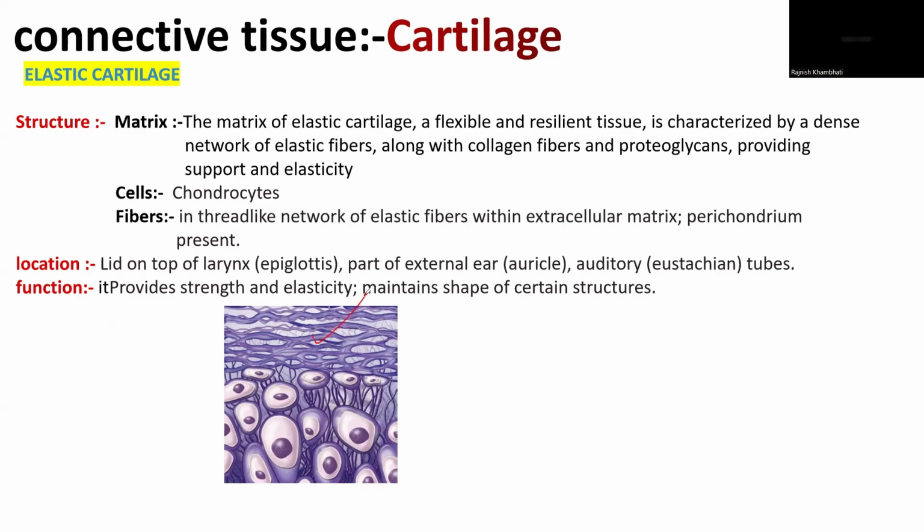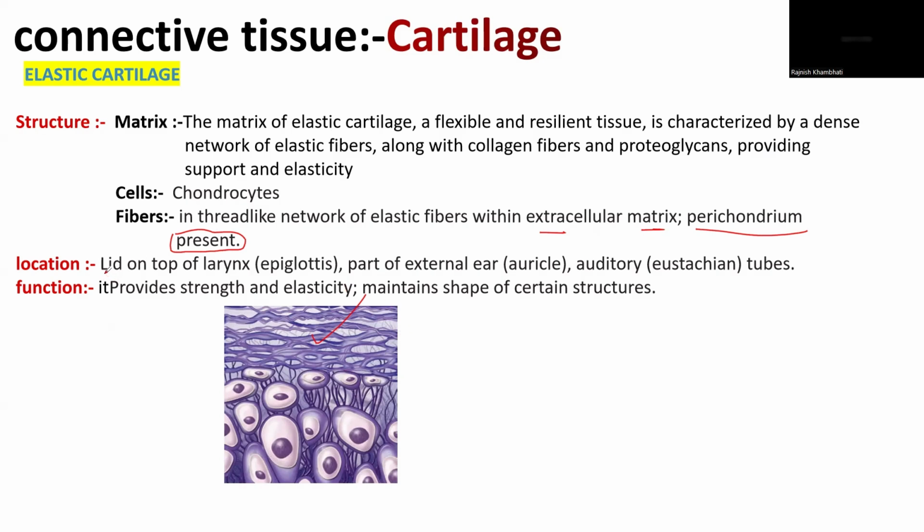See, these fibers, do you see? These are thread-like elastic fibers within the extracellular matrix, and perichondrium is present. Okay, perichondrium is present, a sheet-like structure, a lamination in simple words.